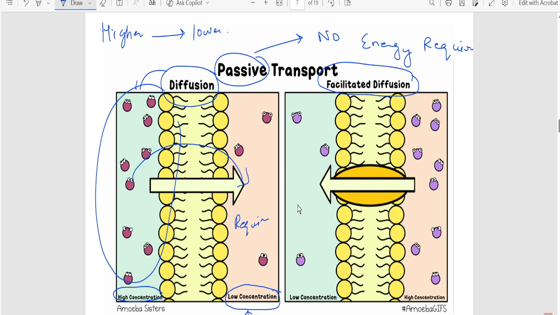Facilitated diffusion means it also goes from higher to lower, but there are some channels or pathways, some gates, through which it passes.